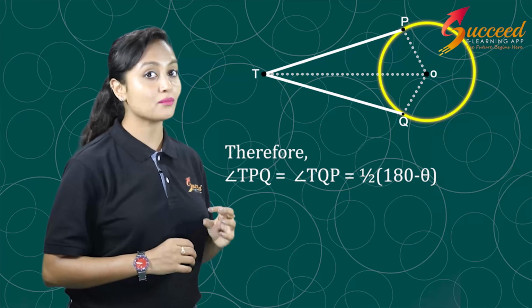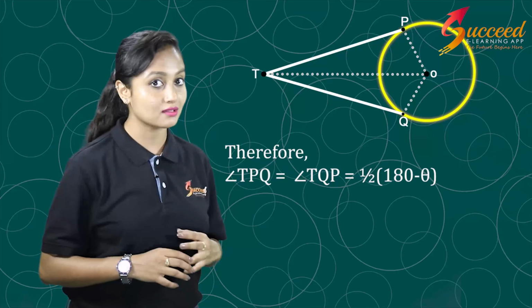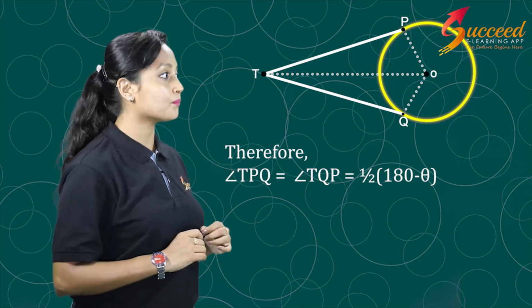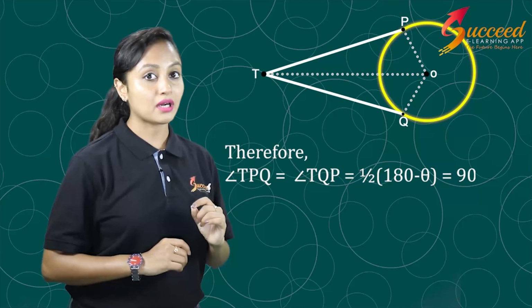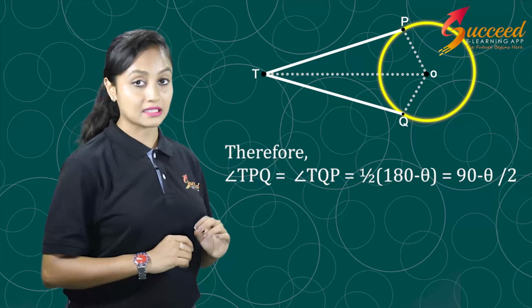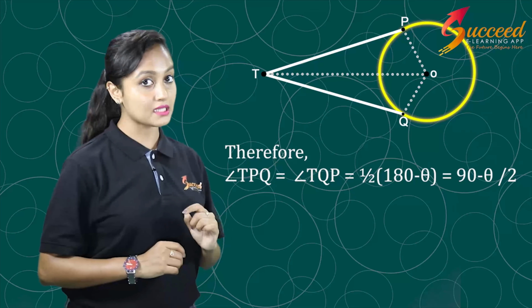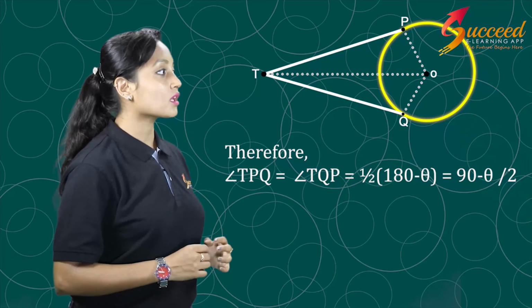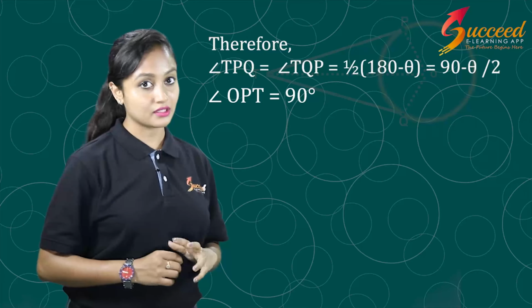Why 180 degree? Because we know that the sum of all the three angles of a triangle is equal to 180 degree. Therefore, this is equal to 90 minus theta divided by 2. That is, angle TPQ is equal to 90 degree minus theta divided by 2. We know that angle OPT is equal to 90 degree.